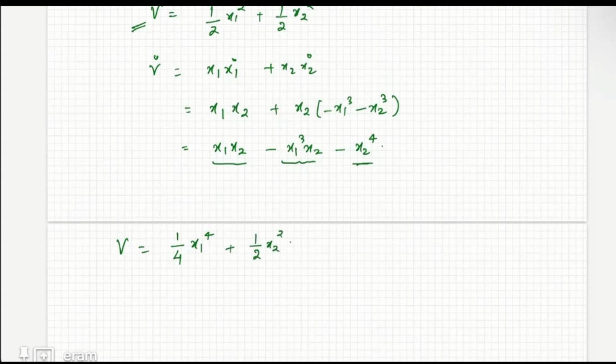Now this Lyapunov function is also positive definite, because this term is positive for whole of x1 and x2 belonging to the R2 plane, and it is 0 only at x1 and x2 equal to 0.